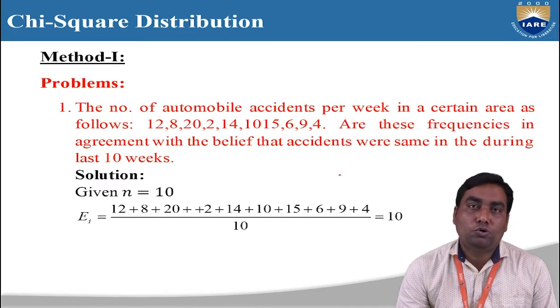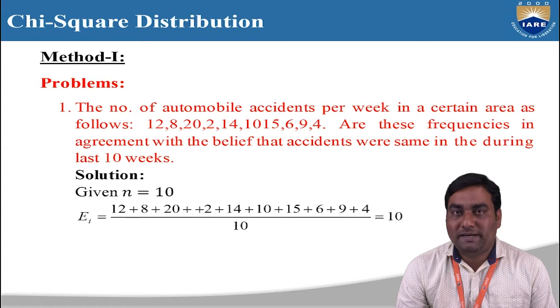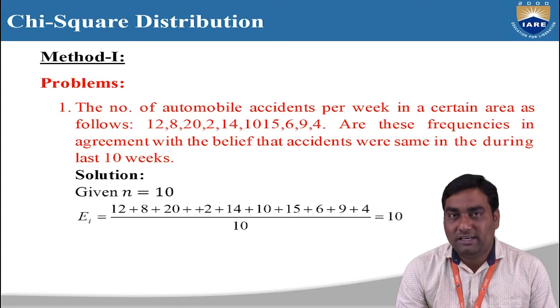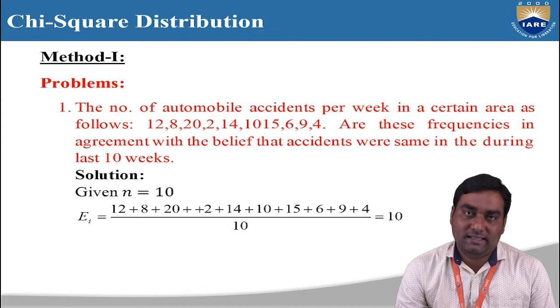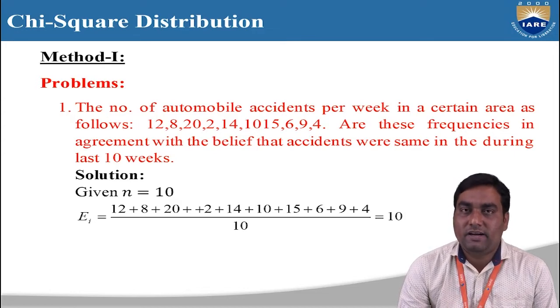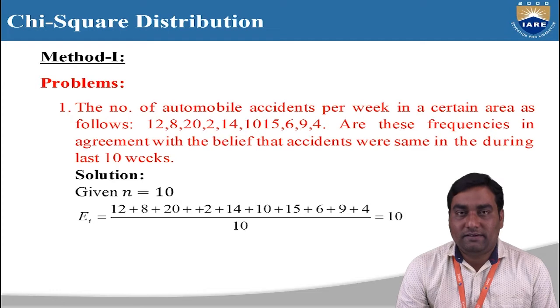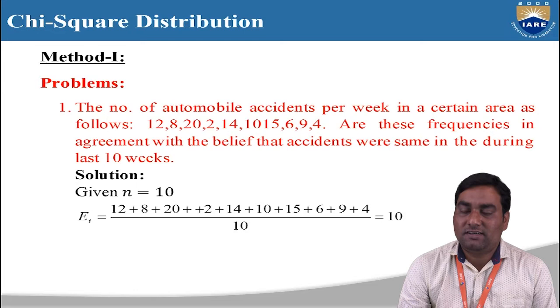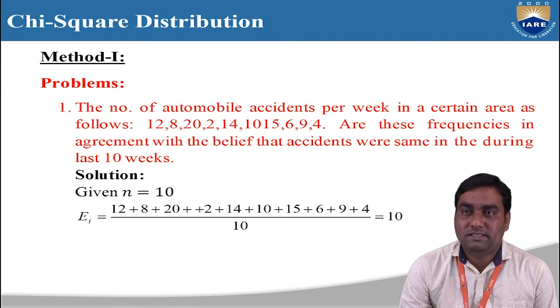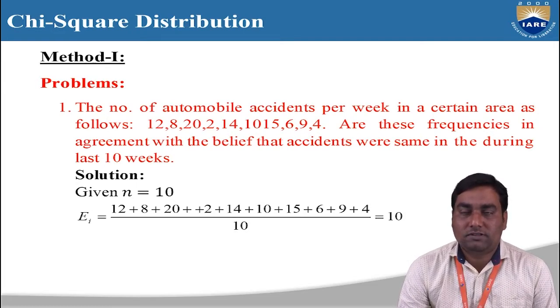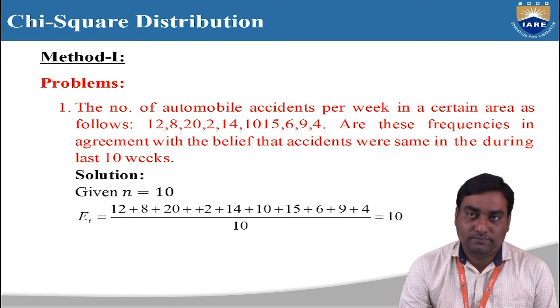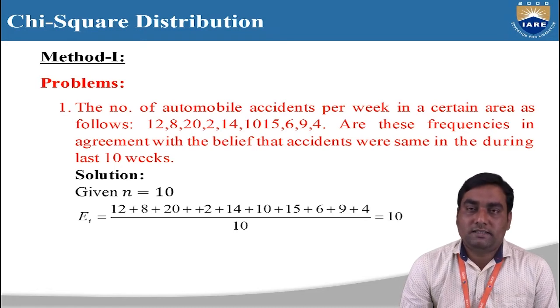In method 1, we find expected frequency in one way, in method 2 in another way, and in method 3 also in another way. But in all 3 methods, the test statistic chi-square is the same, which is sigma (Oi minus Ei) whole square by Ei. Only finding the expected frequency is a different procedure. First, we are going to discuss method 1.